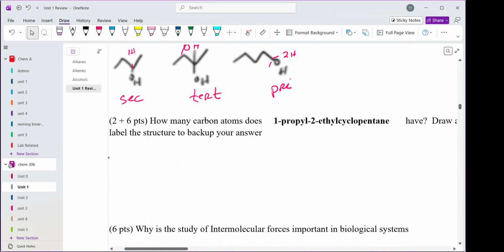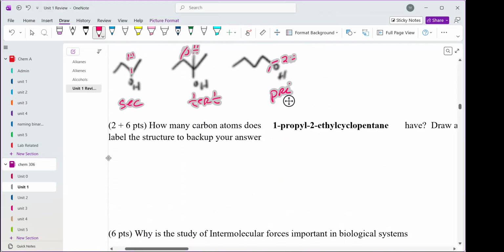Okay, how many carbon atoms does this guy have? Well, here's 5. Here's 2, and here's 3. So we're looking at 10 carbons. So let's draw that. That's the cyclopentane.